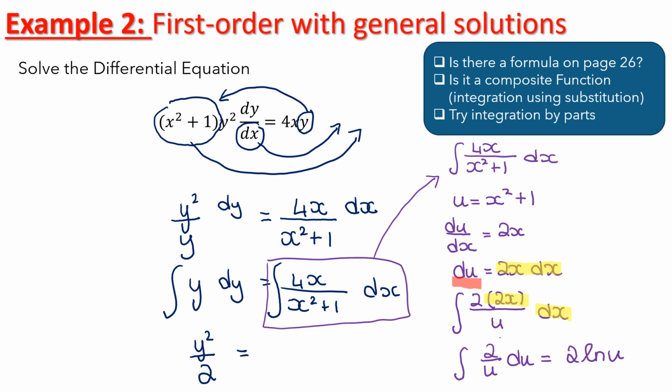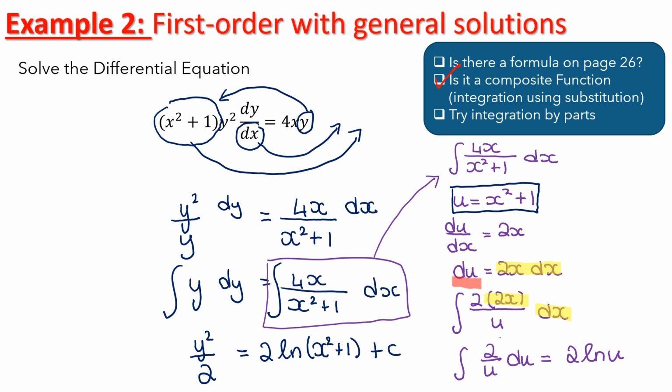Then when we put it back in, where we were working on the left hand side, that is 2 natural log. Instead of u, I'm going to put back in what I used for my substitution, which was x squared plus 1, and I also have a plus c. So this is our composite function using substitution.